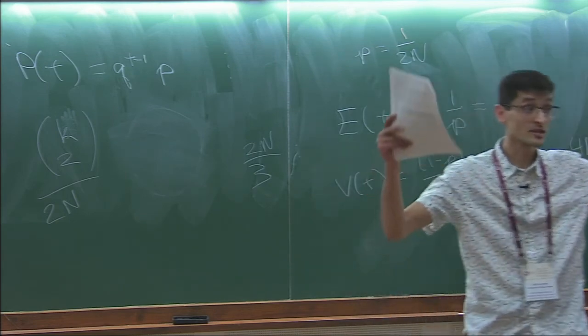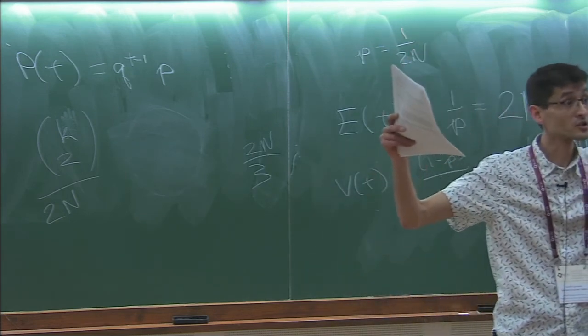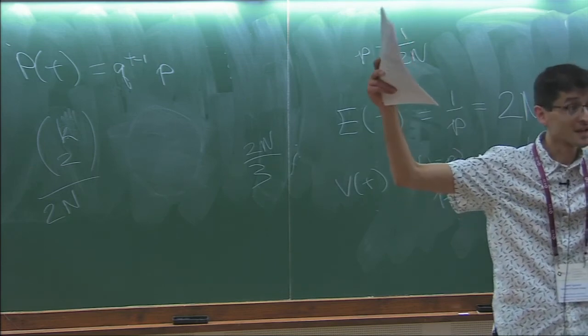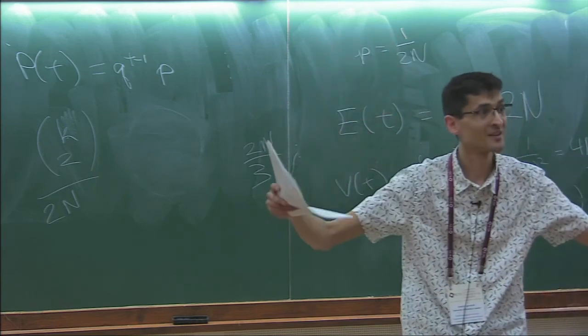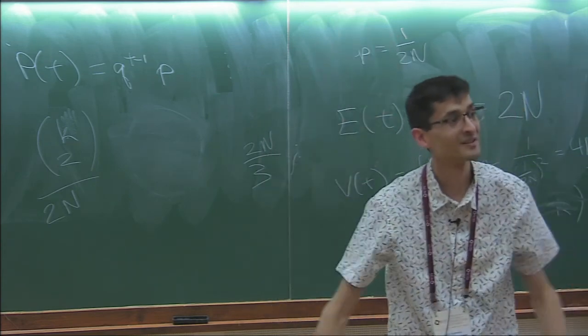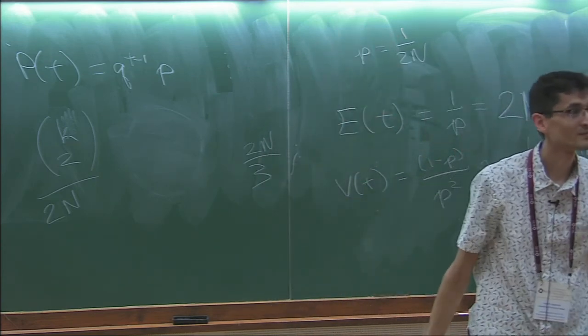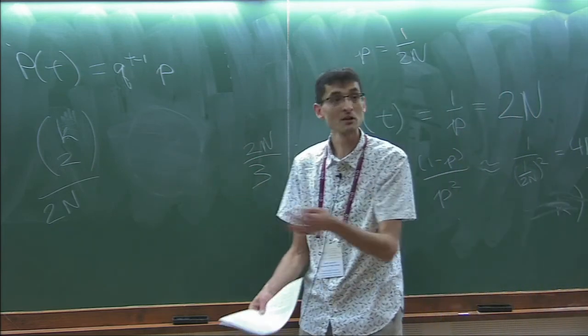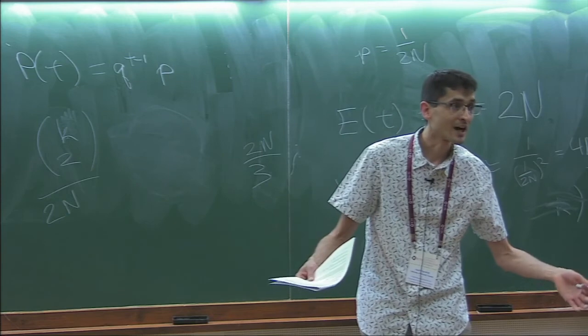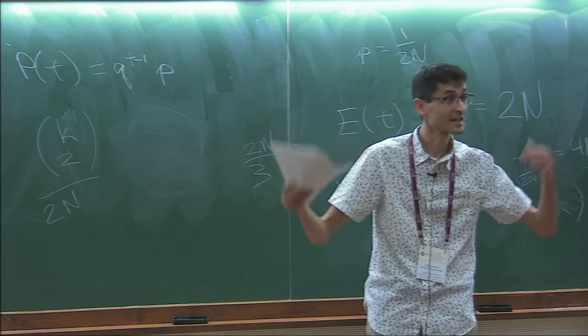That will just give us the distribution of times to go from k down to k minus 1. And then we repeat the thing and repeat the thing till we're down to 1.